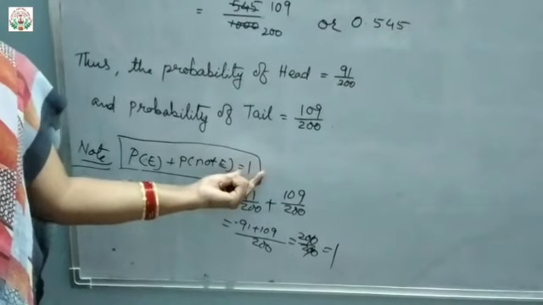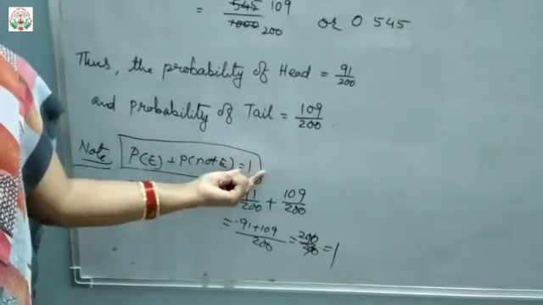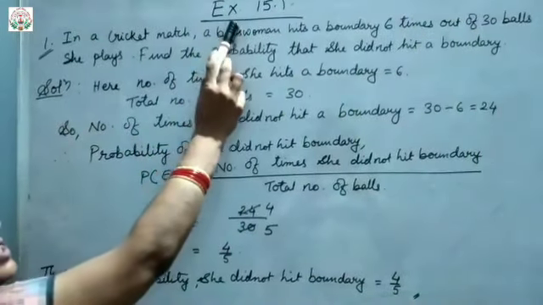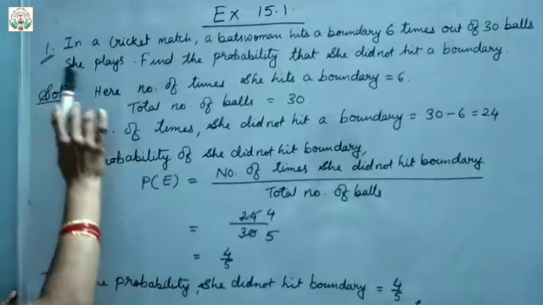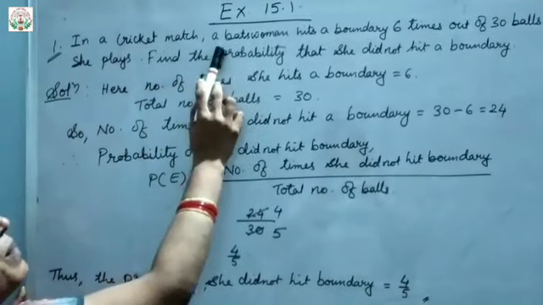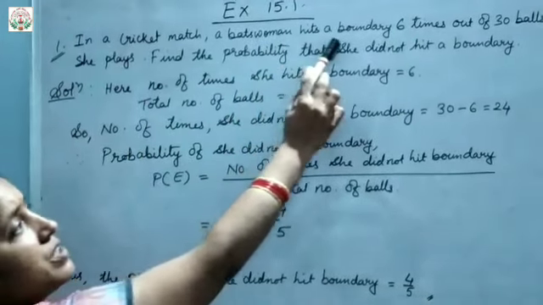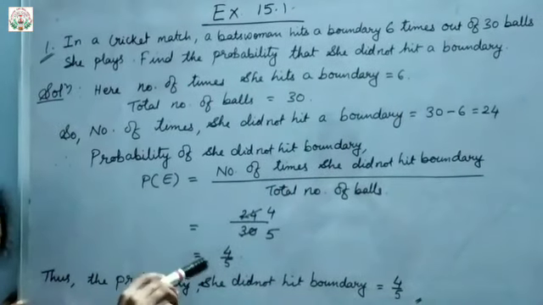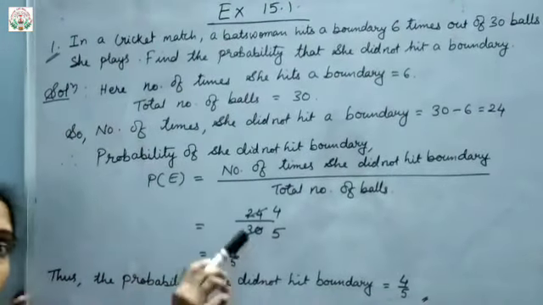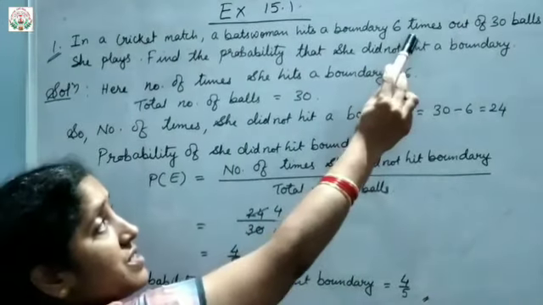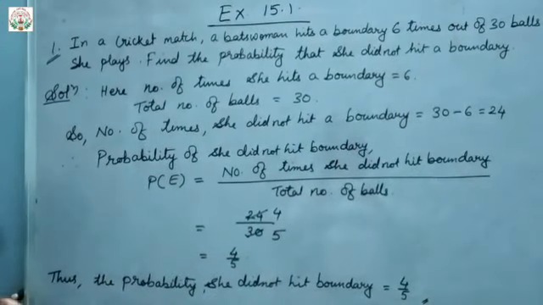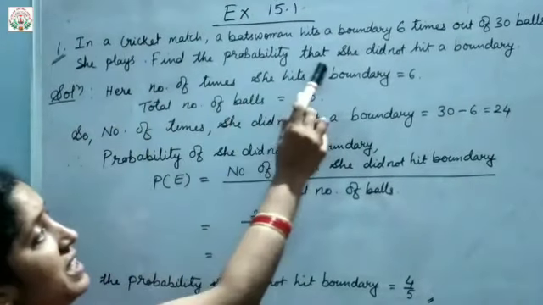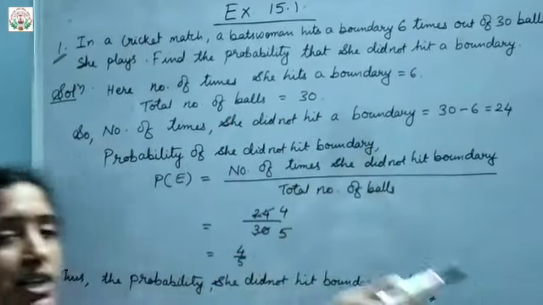Okay, clear? Now let us deal with exercise question 15.1. Exercise 15.1, first question. In a cricket match, a batswoman hits a boundary 6 times out of 30 balls. Means total number of balls are 30. Out of those 30 balls, 6 times she hit the boundary. Find the probability that she did not hit the boundary.